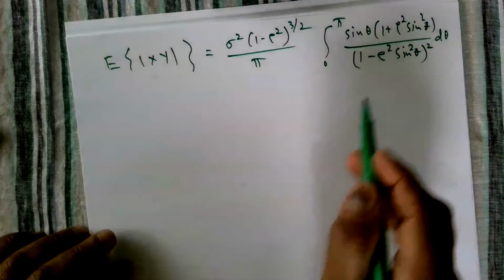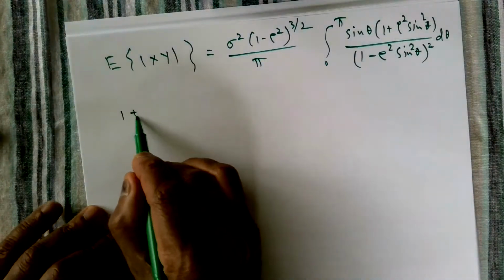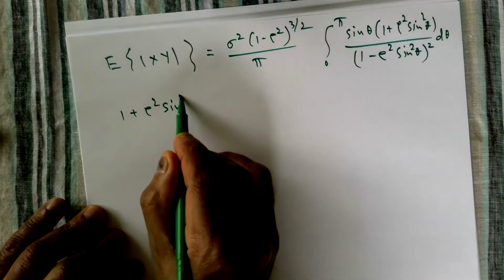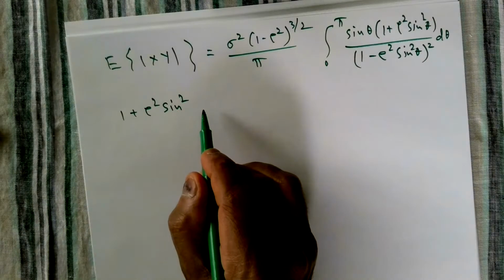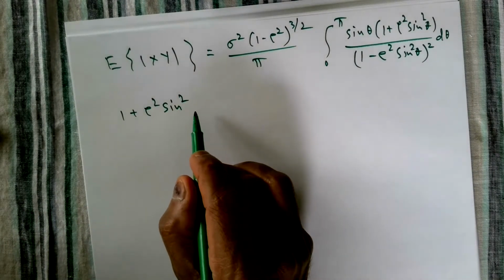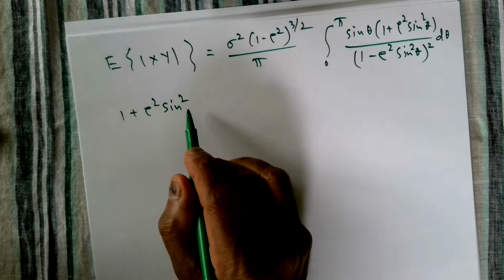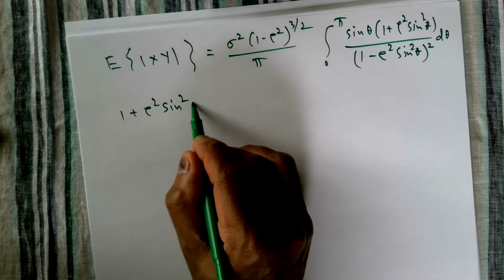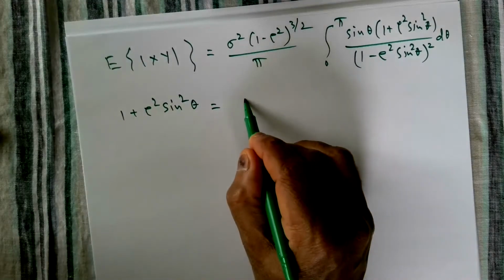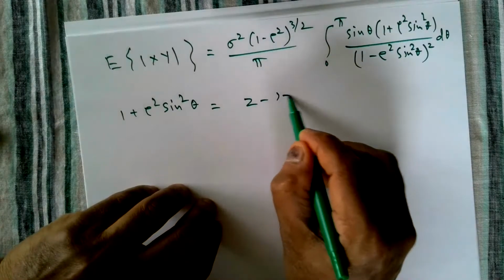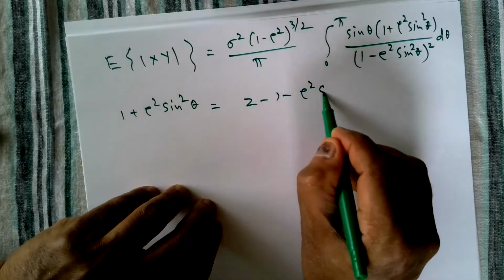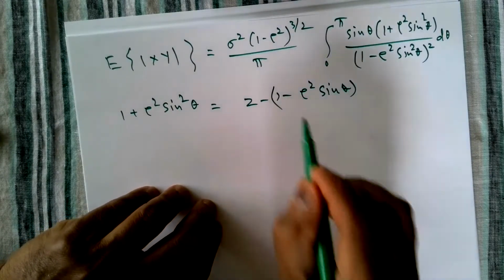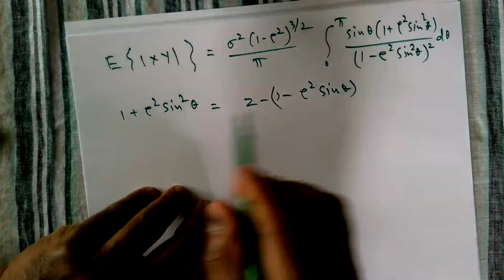If you want, just to make a cancellation here, the numerator 1 plus rho squared sine squared theta can be written as 2 minus (1 minus rho squared sine squared theta). So 2 minus 1, you get back this.